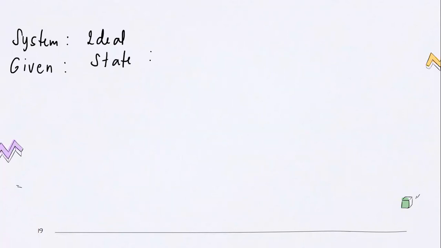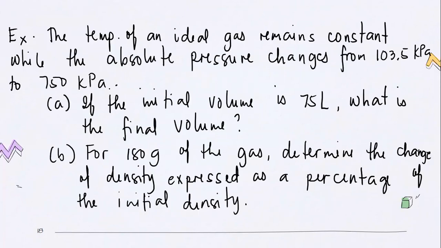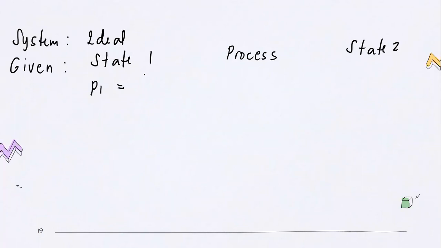Okay, now for the system. Okay, ideal gas, given state 1, process, state 2. Okay, P1 is equal to 103.5 kilopascal.